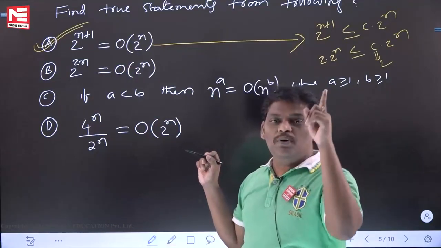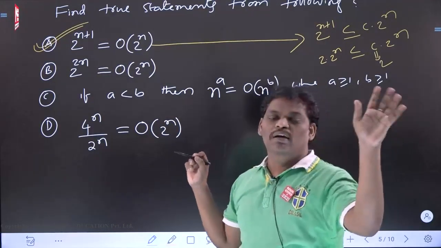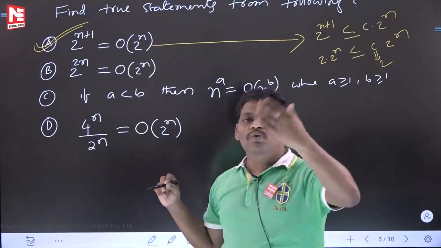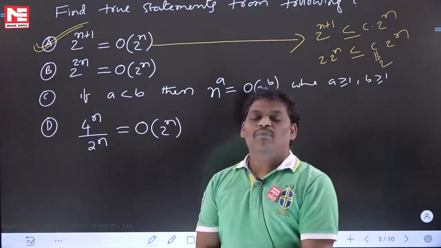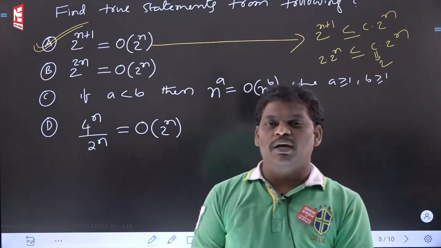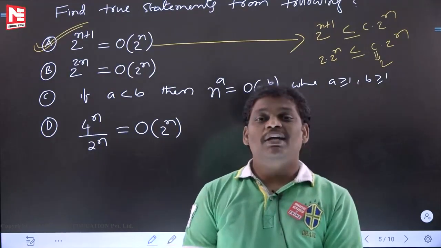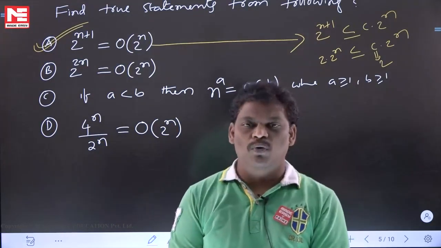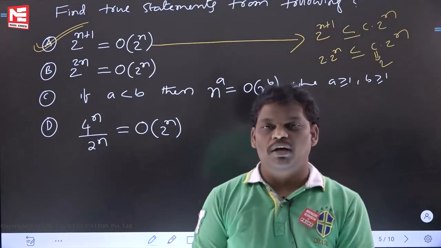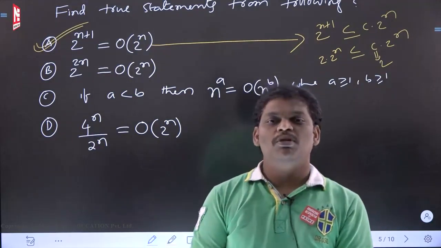And one more, theta possible means there is no chance of small o, there is no chance of small omega. This is the way of finding small o, small omega possible or not. If anyone asks you between these two functions whether small o, small omega possible or not, what will you do? Verify whether theta is possible or not. If theta possible, there is no chance of small o and no chance of small omega. Theta not possible, there may be a small o, there may be a small omega.